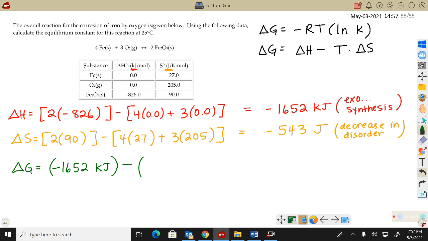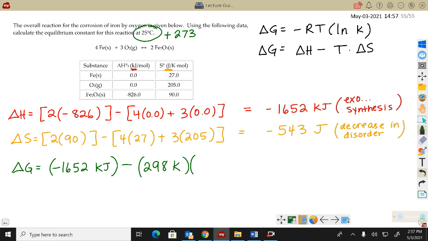So 25 degrees, I'm going to have to add 273, which is in the packet. 298 Kelvin times, all right, so again, I run into this situation where I've got 2 different thermo units: joules and kilojoules.